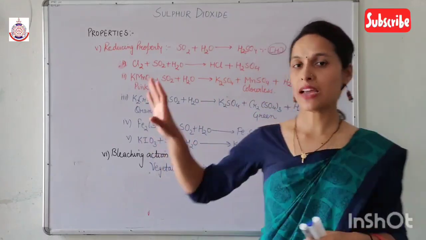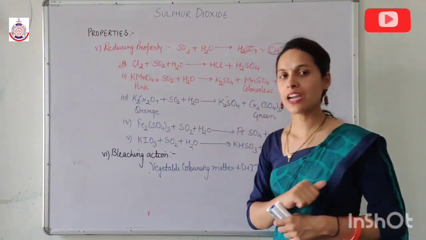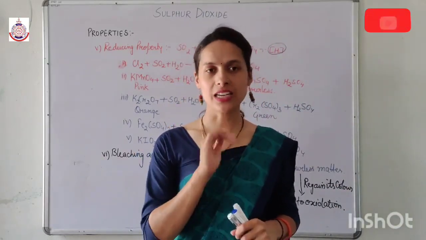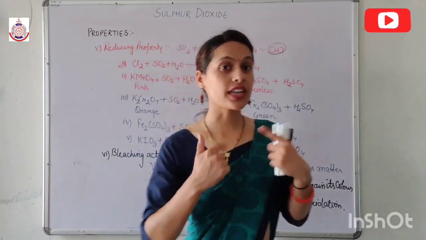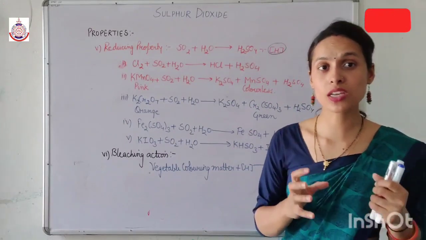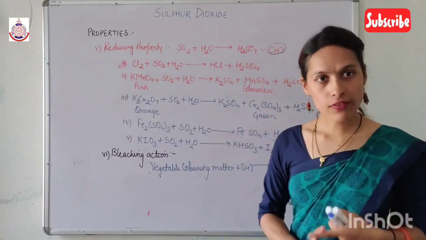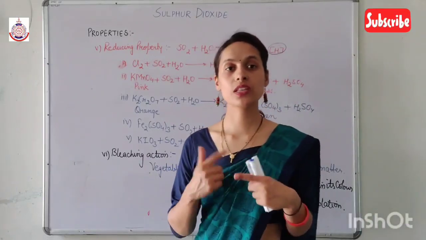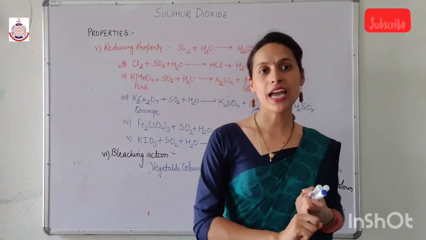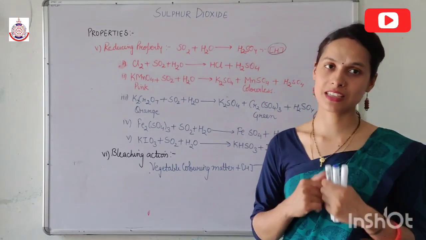Now, we have studied that it acts as a reducing agent, but sulfur dioxide also acts as an oxidizing agent. But there is a condition: it must react with a very strong reducing agent, one which is more powerful than sulfur dioxide. Whenever sulfur dioxide reacts with a more powerful reducing agent than itself, sulfur dioxide behaves as an oxidizing agent.